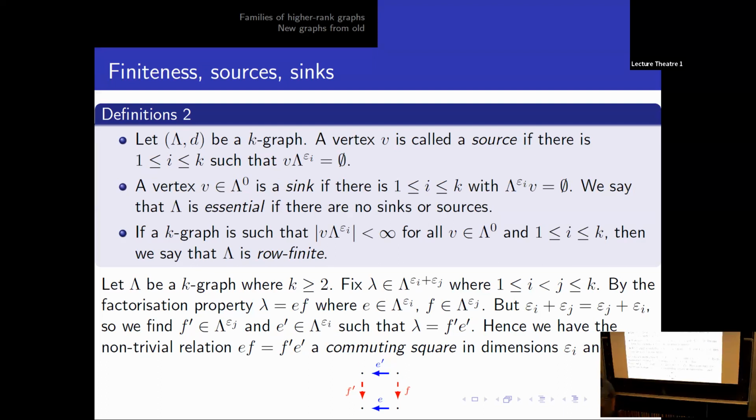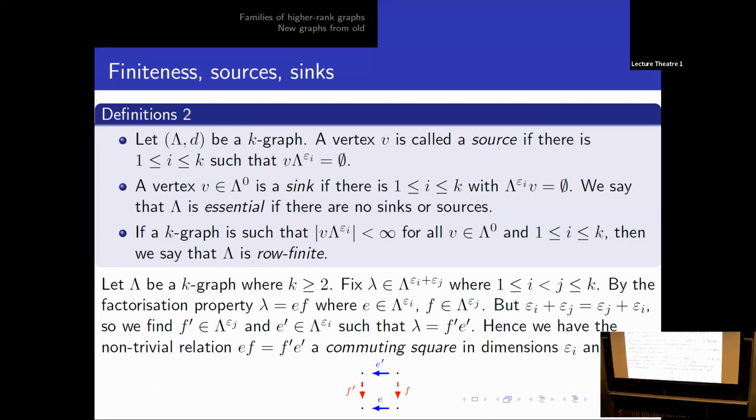And I shall nearly always deal with essential graphs because basically it just keeps all the notation simple. And especially when you go into C-star algebras, there's a lot of baggage you've got to carry with you in order to make sense of things with sinks and sources. So except for the one example at the end, I will not be following that.